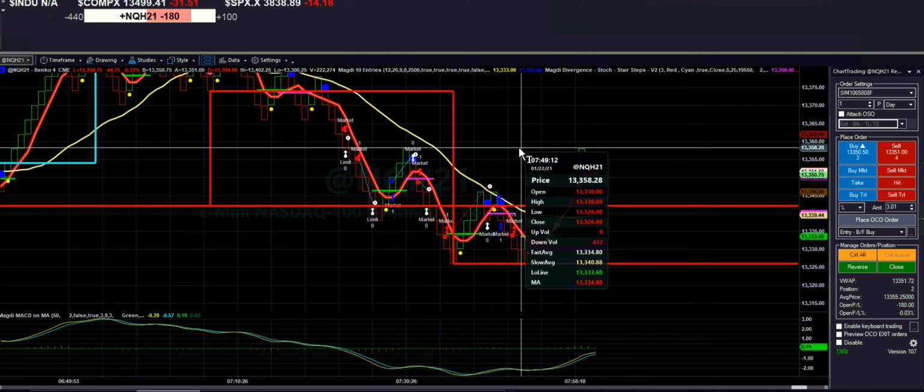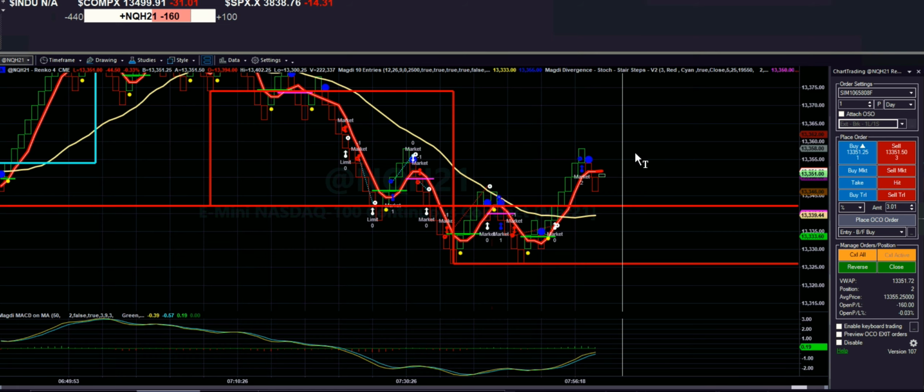So that is another support resistance, and pay attention to it. I should get in and out right here.